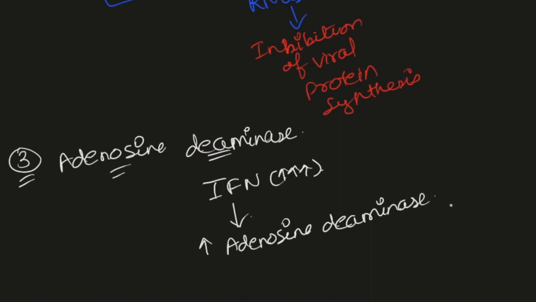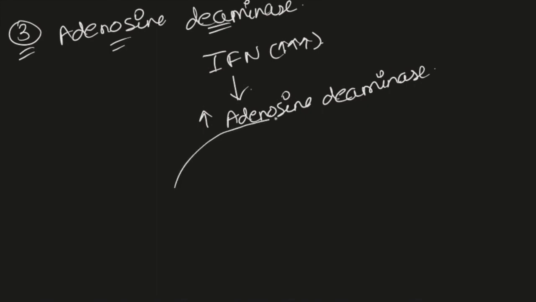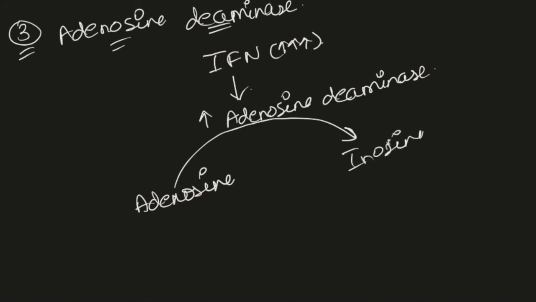and whenever this enzyme is activated, it targets the adenosine residue and converts it into inosine, and whenever there is this modification of adenosine to inosine, it leads to the deactivation of viral proteins.